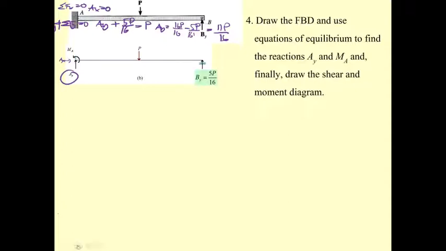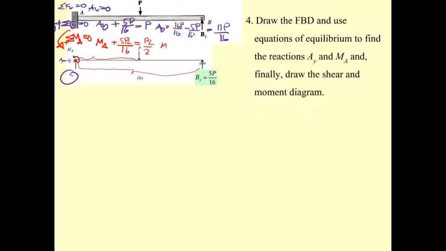And then if you do the summation of the moment at A equal to 0, just take moment here and take this one as the positive. So your M_A is going up. Okay, and this one B_y is going to times L plus 5PL over 16, and it's going to be P times this one, P times L over 2.